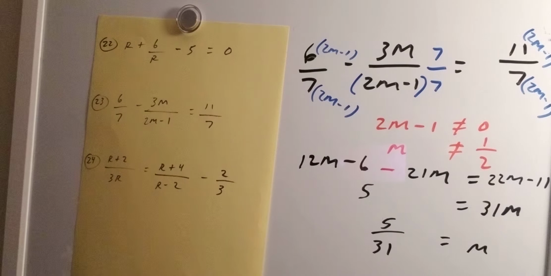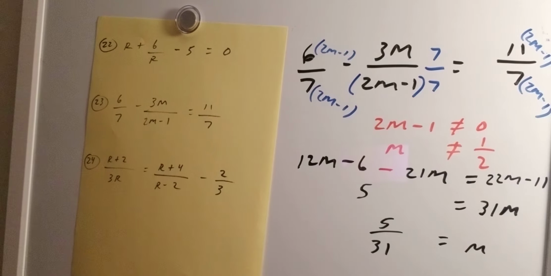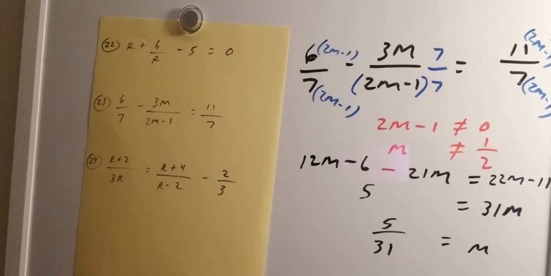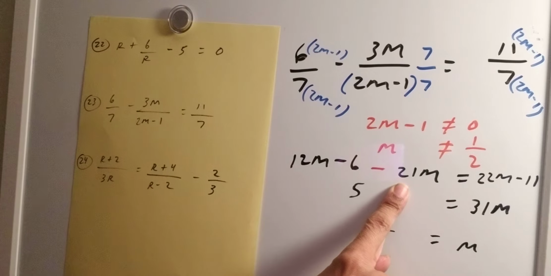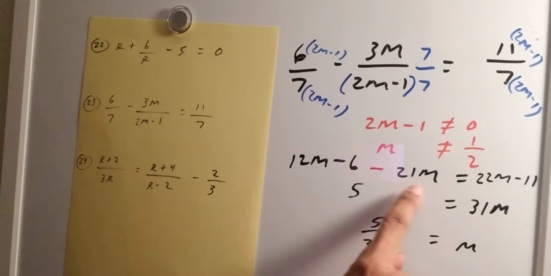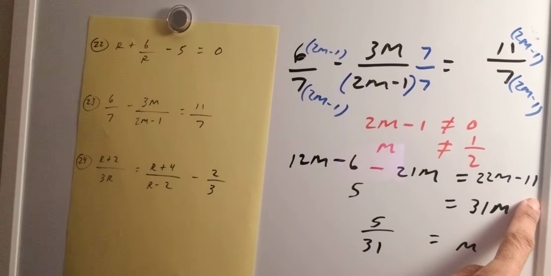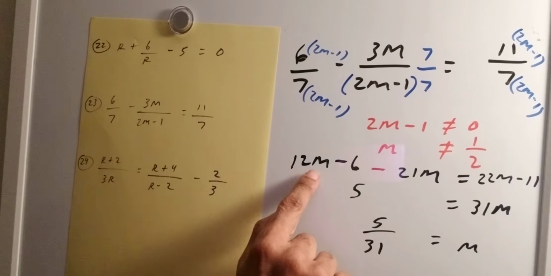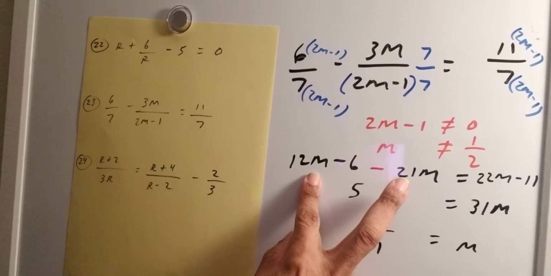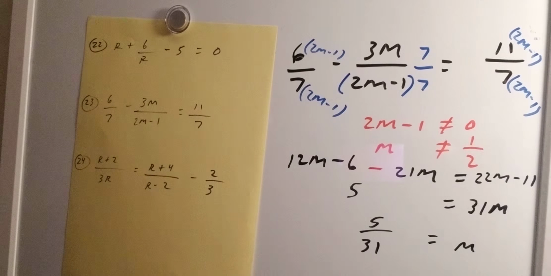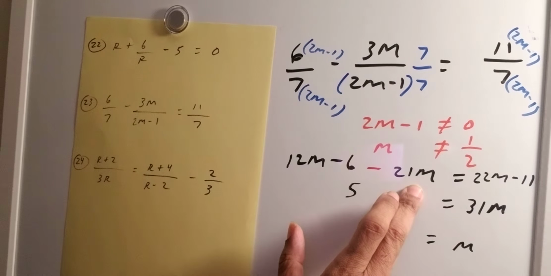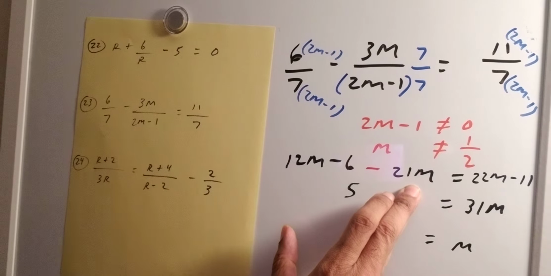It's a unique answer, so I'll quickly double check. It's good we haven't double checked today. Always good to double check. Denominators each have 7 times 2m minus 1 as factors. We had 12m minus 6 minus 21m, 22m minus 11, 12m minus 21 is negative 9m.